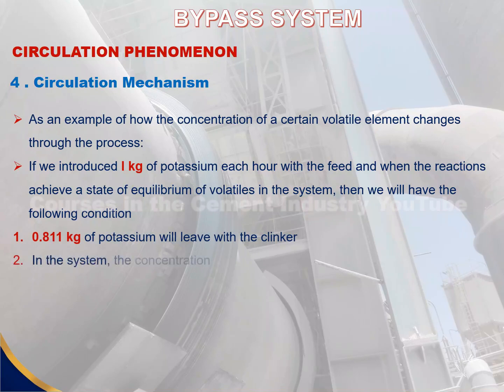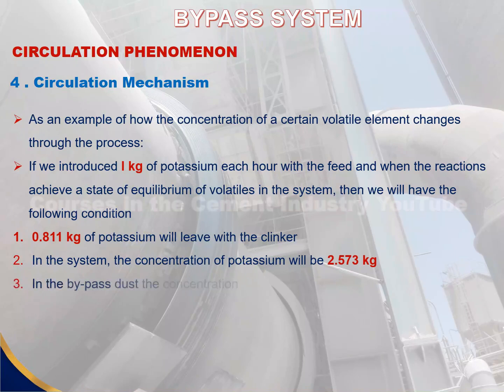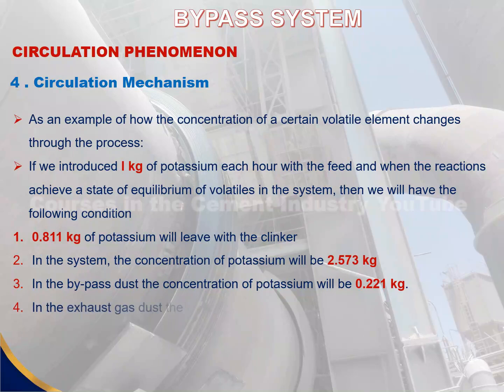In the system, the concentration of potassium will be 2.573 kilograms. 3. In the bypass dust, the concentration of potassium will be 0.221 kilograms. 4. In the exhaust gas dust, the concentration will be 0.042 kilograms of potassium.